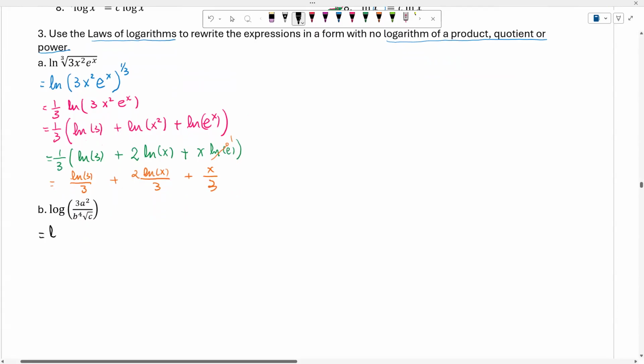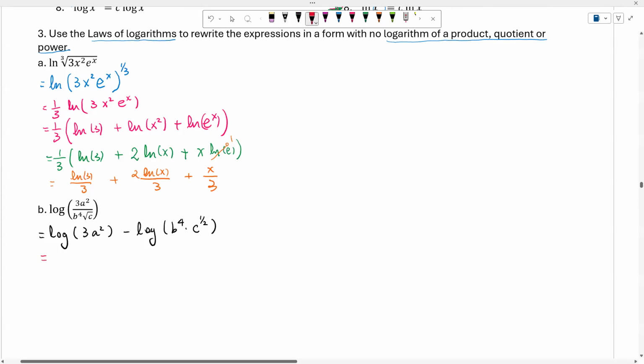My first step is to rewrite this into the difference of two logs: log of 3a squared minus log of b to the 4th square root of c. I would like to rewrite the square root of c as c to the 1/2 power.